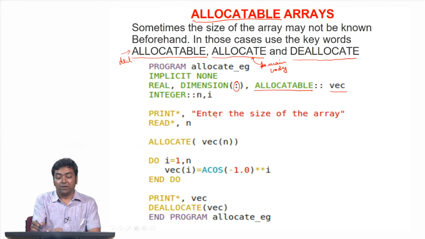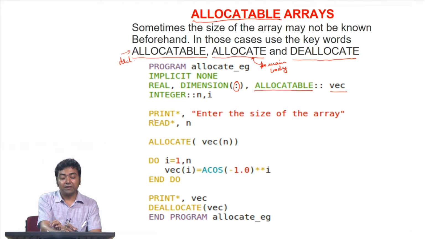What I want is for the user to determine the size of this vector. So I put in a print statement which says, enter the size of the array.